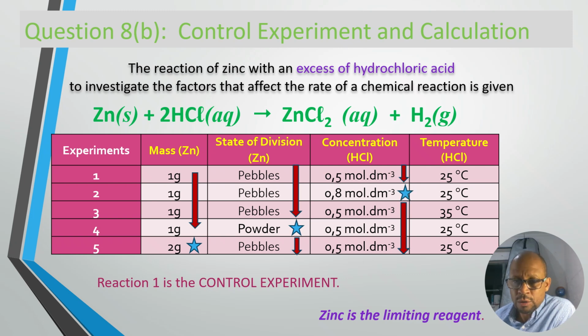In the last column, we have the temperature of the HCl, and almost all of the experiments have 25 degrees Celsius, except for experiment 3 that has 35 degrees Celsius, which is a little bit hotter compared to the others. So there we've got an overview of the table, and we may continue to answer the rest of the questions.